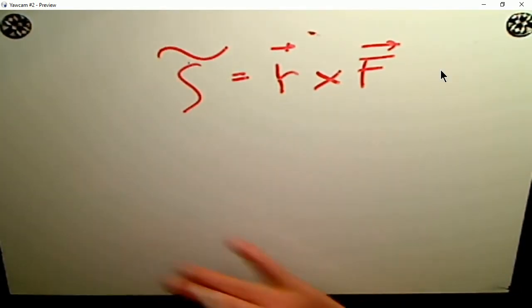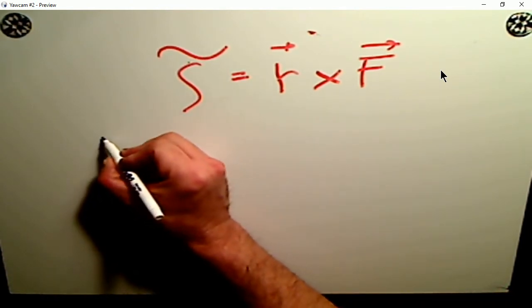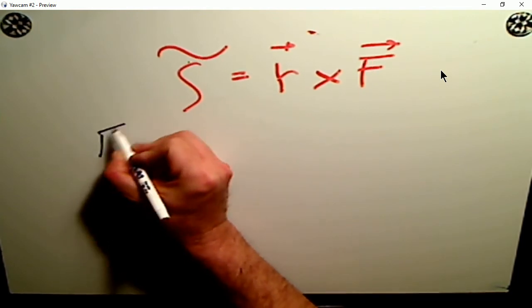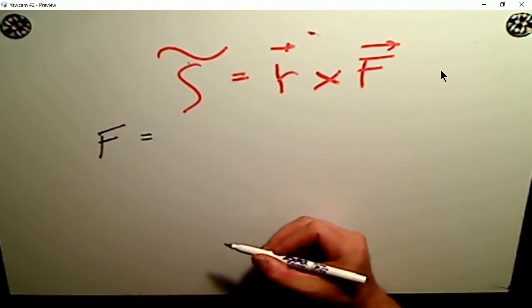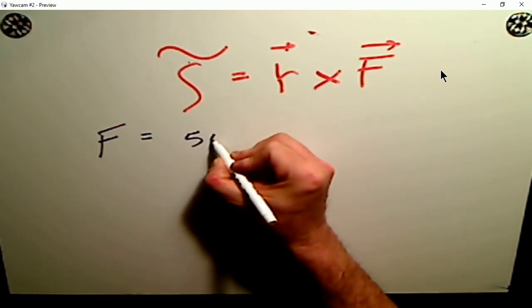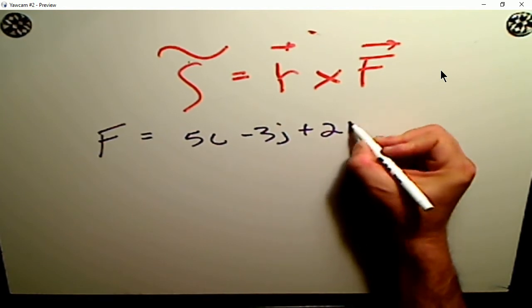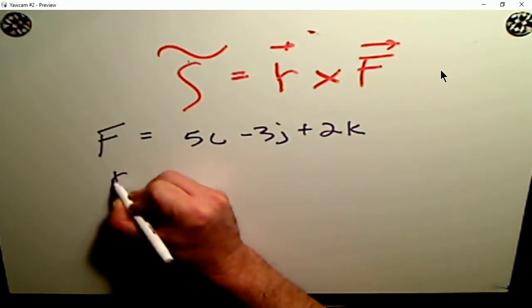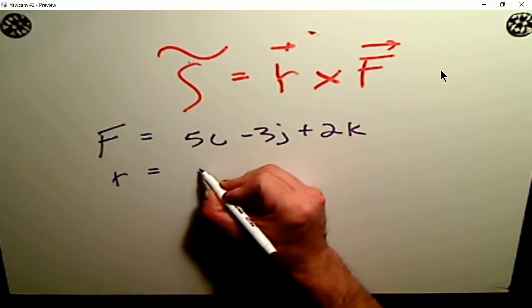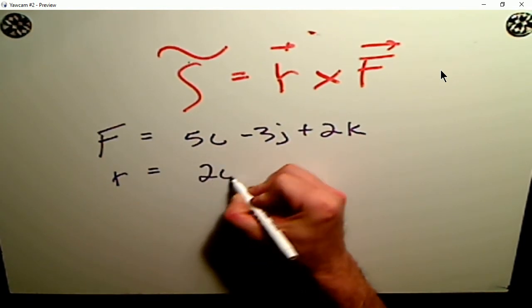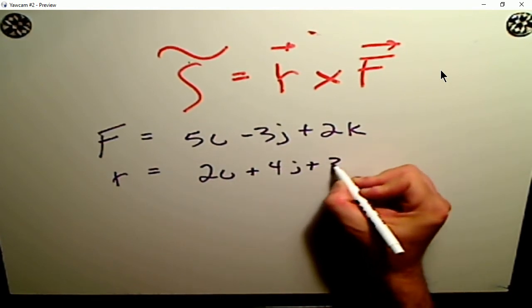If you haven't seen how to do a cross product before, let me just give an example. I have a force vector, 5i minus 3j plus 2k, and I have acting at a pivot radial arm 2i plus 4j plus 3k.